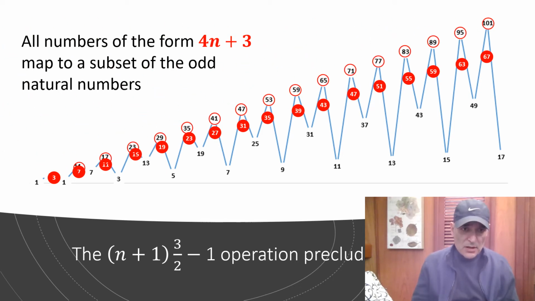So input 11, output 17, input 15, output 23, input 19, output 29, and so on. So we see the output is separated by 6. So obviously, again, this is a subset, an injection.